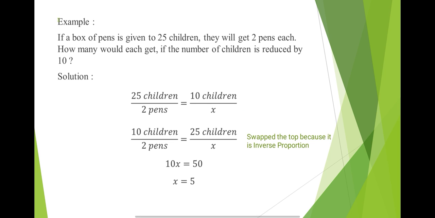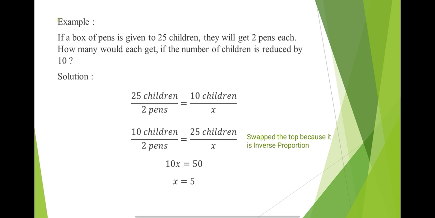Another example. A box of pens is given to 25 children, and they get 2 pens each. Now the number of children is reduced to 10. So logically, each child will get more pens, right?